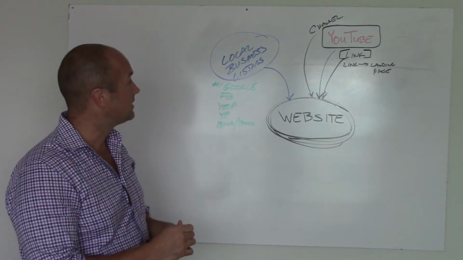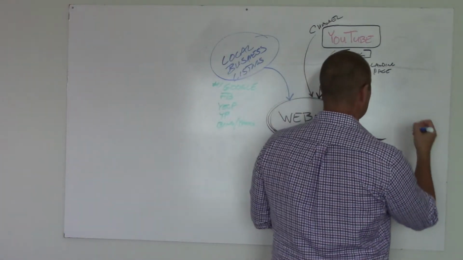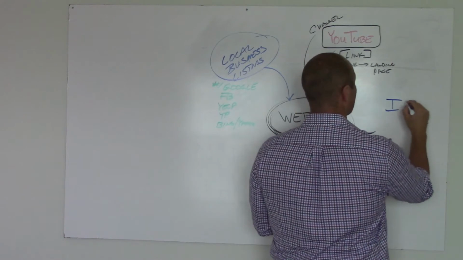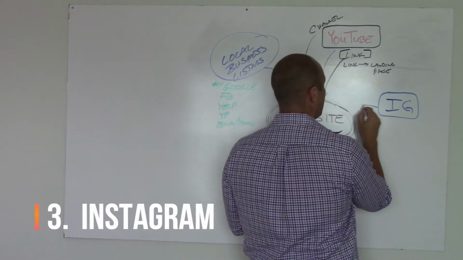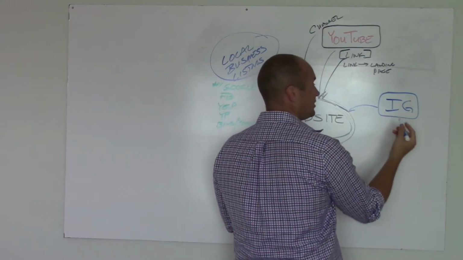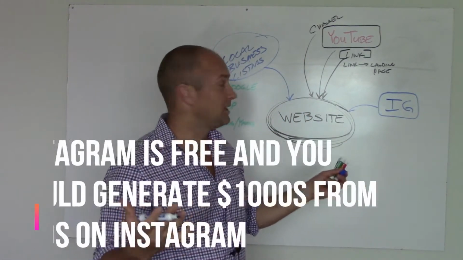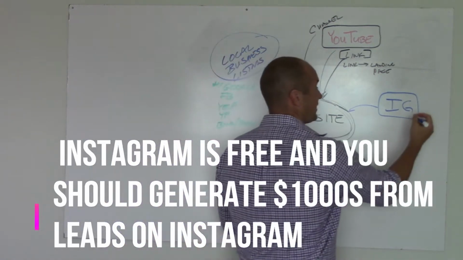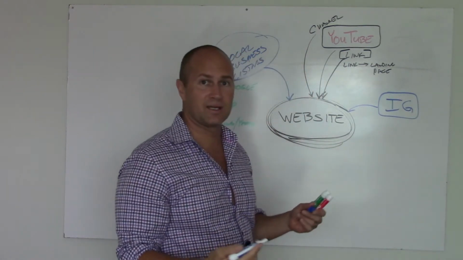Another thing you can do is use Instagram. I'm not going to go through the whole Instagram strategy, but I designed a whole strategy that is pretty much free, and if you know how to use it, I've made thousands of dollars off Instagram leads from free content.